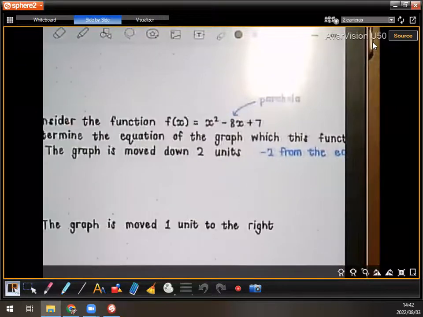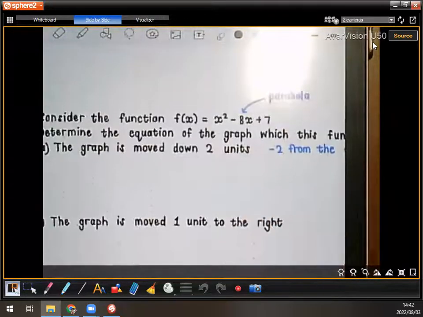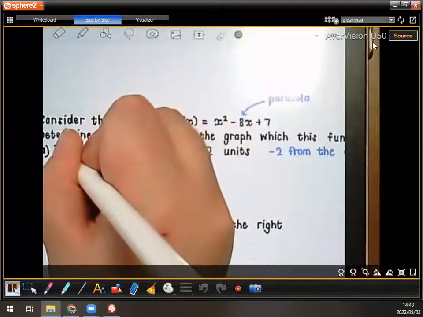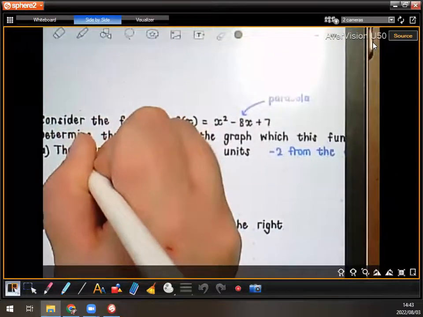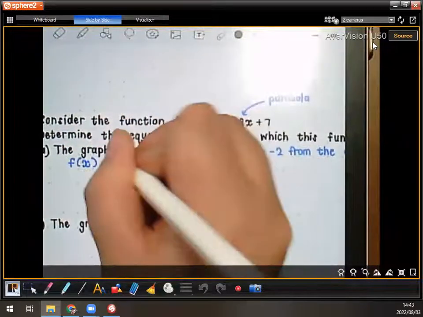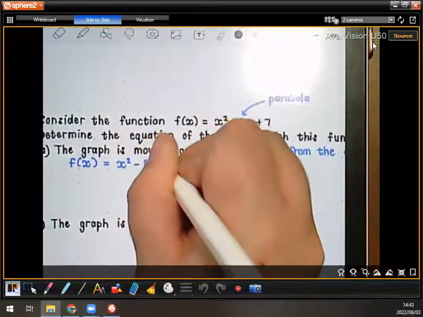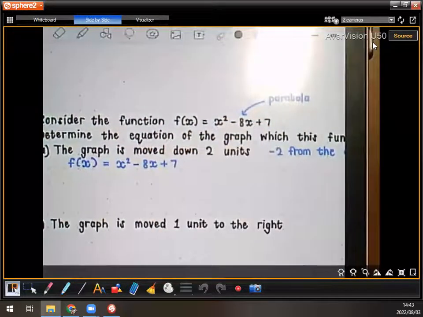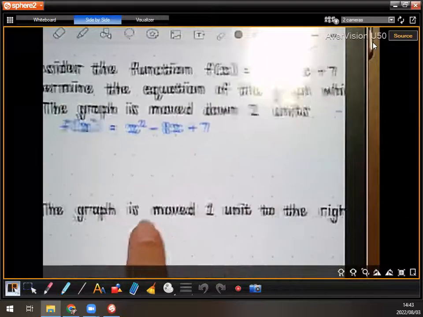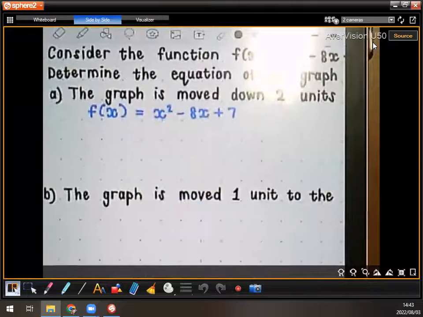Okay, so the equation that we started with was, I'm going to write it again, f of x was x squared minus 8x plus 7. We are now moving that graph, that function down 2 units.